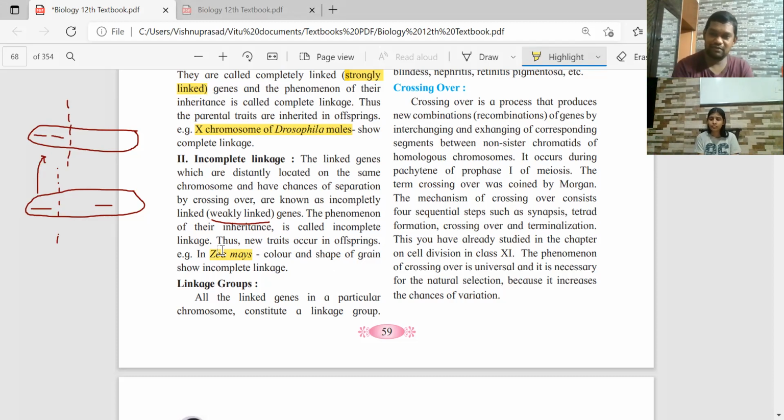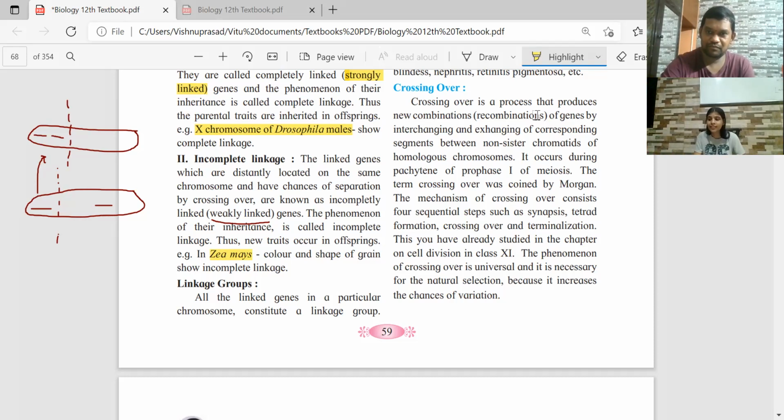One gene for color of the grain, another gene for shape of the grain. They show incomplete linkage. They are on the same chromosome, but they are distantly located. Is the concept clear?